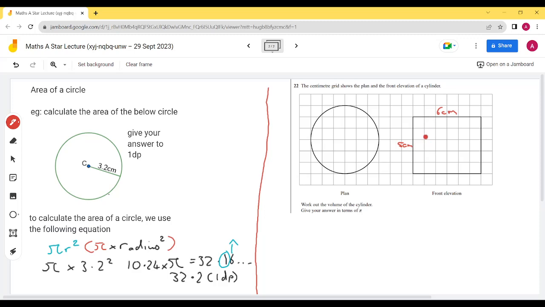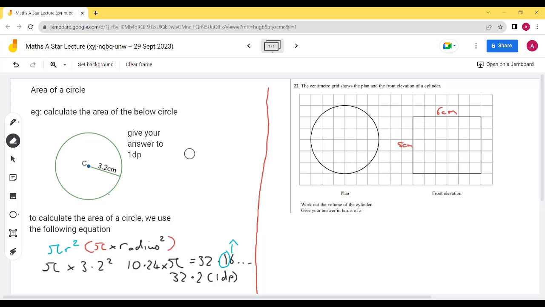So the area of a rectangle is length times width, so it equals 5 times 6 equals 30. But sorry, ignore me there, I'm doing a calculation you don't actually need to do here. We can ignore that bit and quickly rub it out.